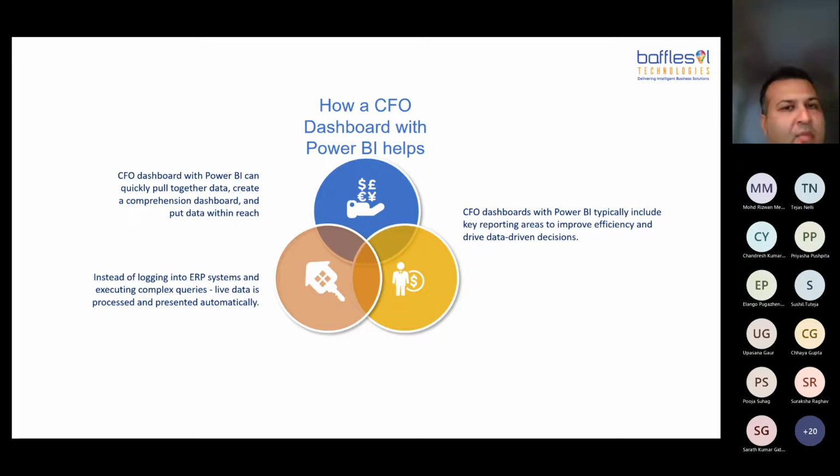It has all those parameters checked for us and for customers, and it does the job which is really required. So we never really felt the need to look for any other technology. At Baffles, we are not just Microsoft; we do look at other technology, depending on the demand and the requirement.